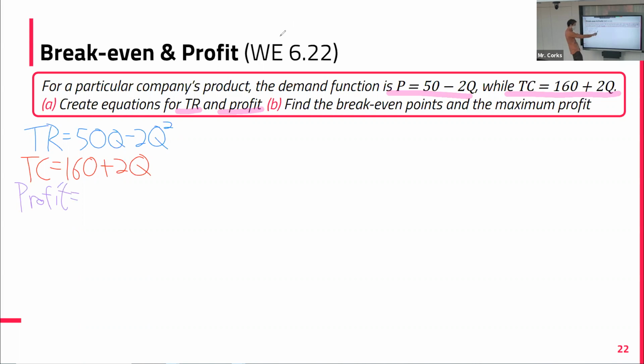Okay, tell me the basic definition. Revenue minus cost. So it's just these two things: 50q minus 2q squared minus (160 plus 2q).